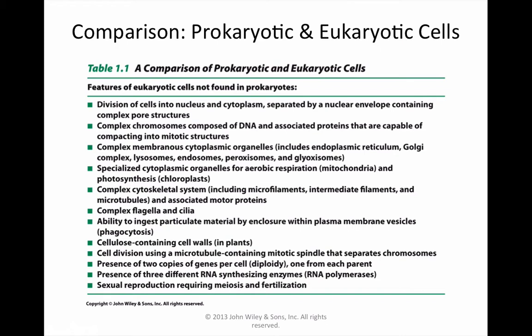Again, back to that cytoskeletal system, that skeleton for the cell. It includes things like microfilaments, intermediate filaments, microtubules, as well as proteins that will shuttle things back and forth within the cell. This is not found in a prokaryotic cell. Eukaryotes also have much more complex flagella and cilia than what can be found in a prokaryote.